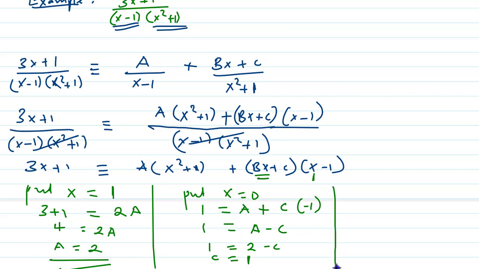Let's go ahead and find the last one, which is b. Now I'm going to choose any value of x of my choice, because I don't have any other value of x that will make these things 0. So I'll just choose x equals 2. On the left hand side I'll have 7 equals, putting 2 here, that's 2 squared, 4 plus 1, that's 5A, plus 2b plus c, all this multiplied by 1.